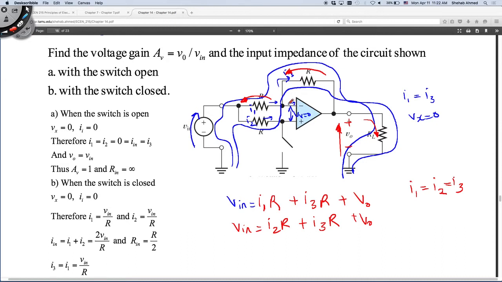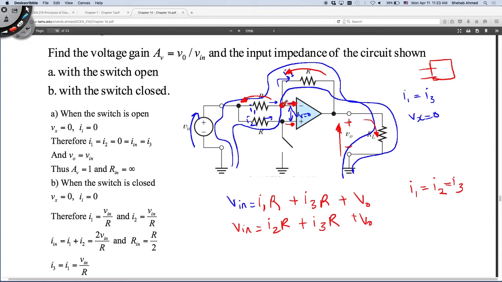We know that any current coming into the op amp is 0. So what does this tell us about the current at this terminal, since I don't have any resistors here? Remember the op amp circuit looks like this. I know that current coming in here is 0. What does this tell us about Kirchhoff current law at this node?